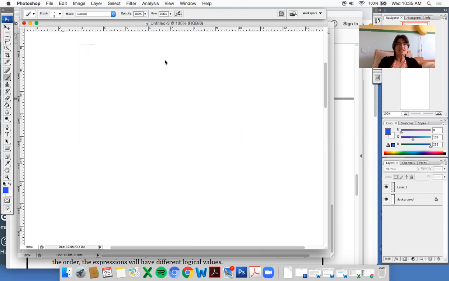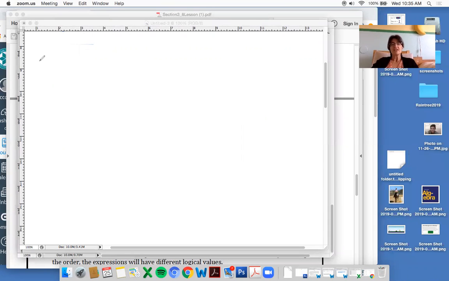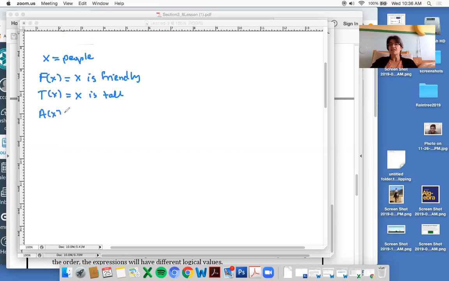All right, let's say that X represents people, and F of X means that X is friendly, T means that X is tall, and A means that X is angry.